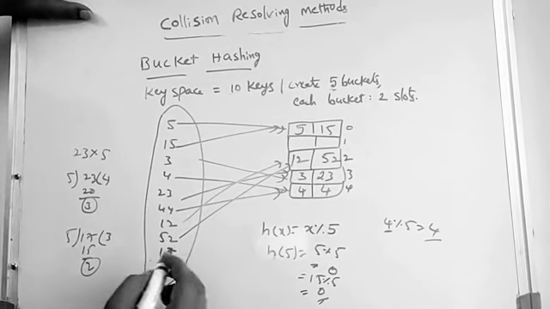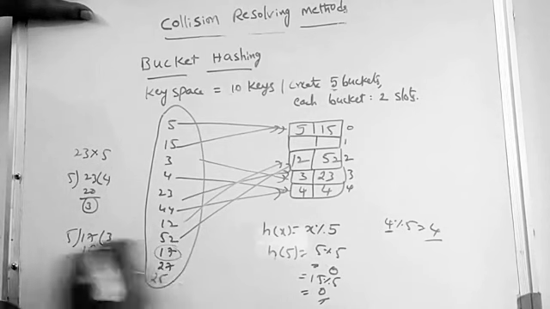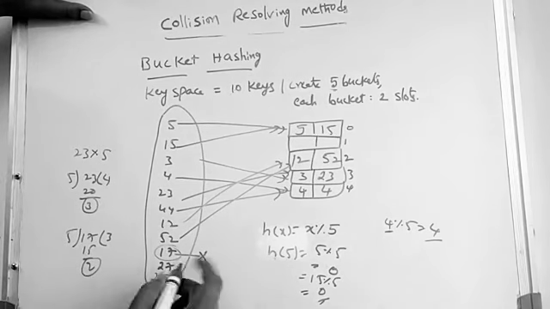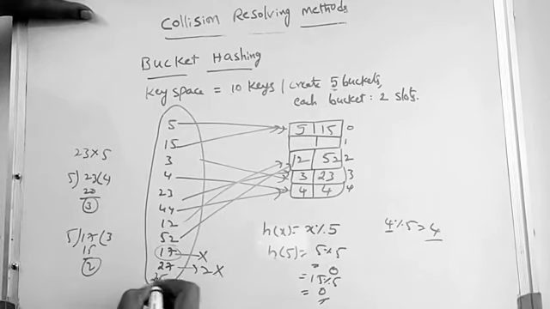If the slots are already full, it is treated as memory full, so it is not able to be stored. Even 27, the remainder is 2, it is also full, not able to store. 25, remainder is 0, it is also full, not able to store.